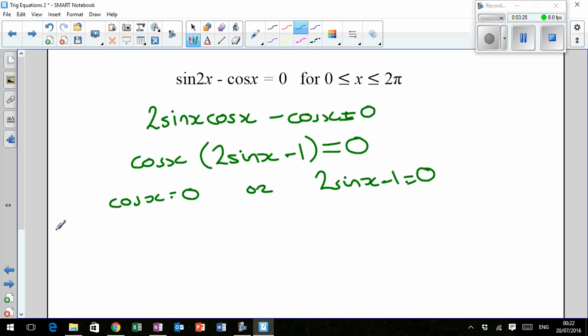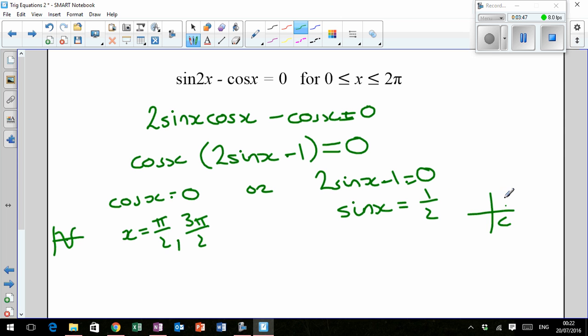Now cos x is equal to 0, that's one where we look at a graph. Okay, it's going to be here and here. We're looking at radians, so it's going to be pi over 2 or 3 pi over 2. Okay, and from here, add 1 and divide by 2, so sin x is going to be 1 over 2, and then get rid of your sin, you're dealing in quadrants 1 and 2.